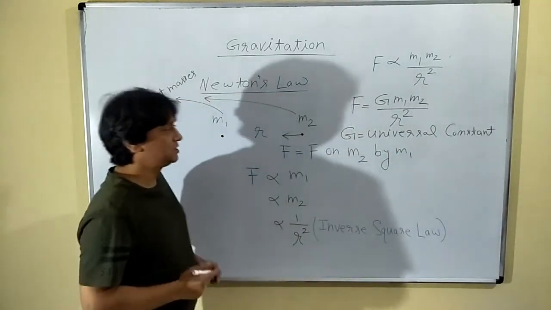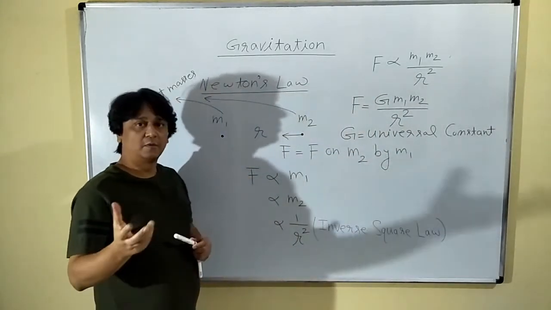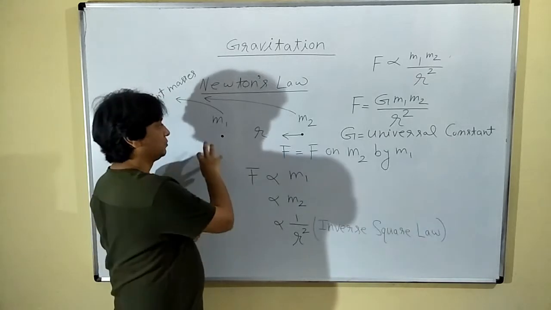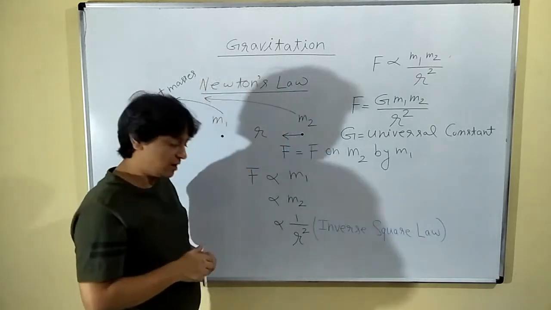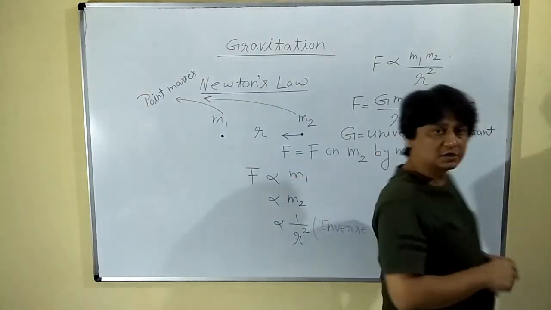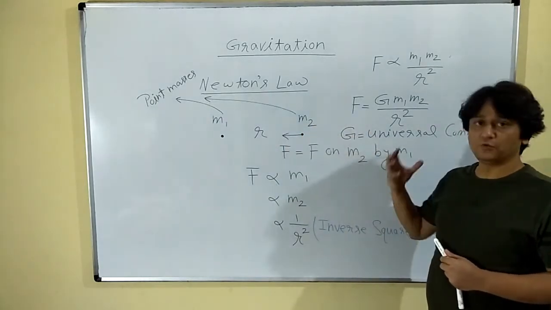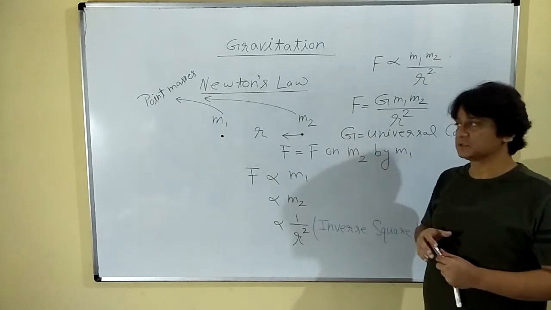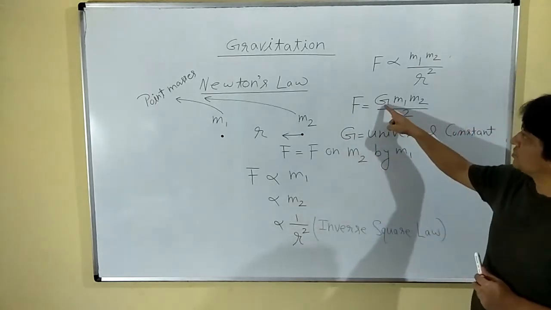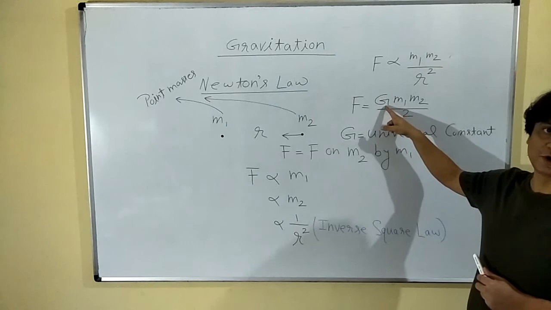Universal constant means ऐसा नहीं है कि केवल अर्थ पर या कोई specific masses के लिए. Anywhere in the universe, if you take two masses and you find the force between these two masses, then this constant is not going to change.